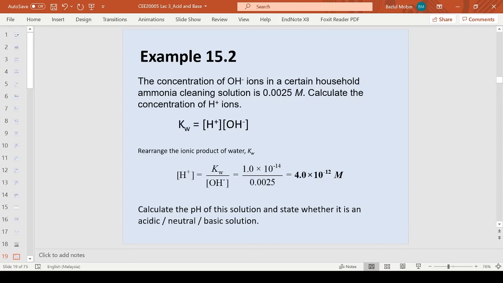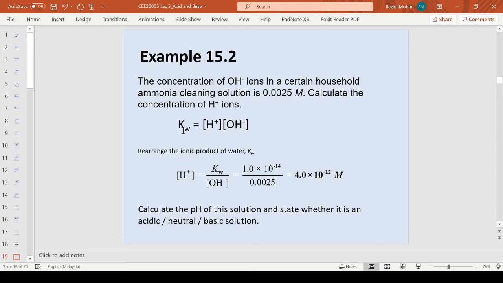Kw is the product of hydrogen ion and hydroxyl ion concentration, and at 25 degrees centigrade the value is 10⁻¹⁴. Since the temperature is not given here, we consider it to be 25 degrees centigrade. We will always consider the standard temperature unless otherwise stated clearly.